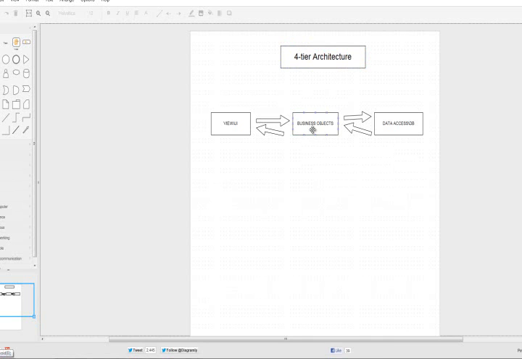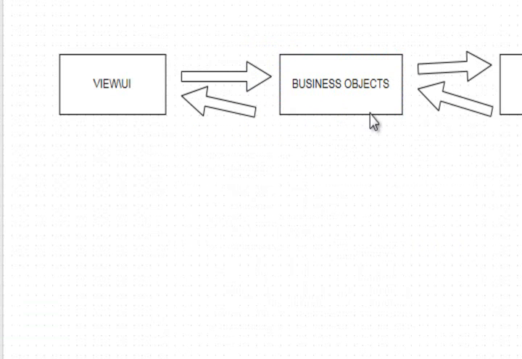The main difference is there will be another part or layer in the four-tier architecture.